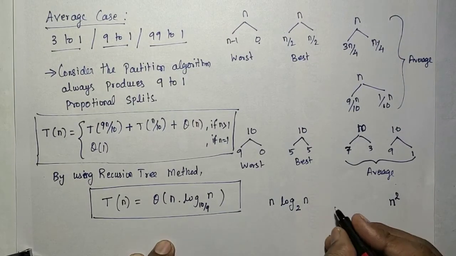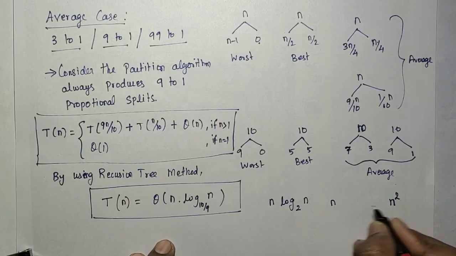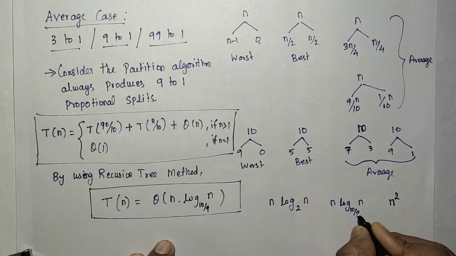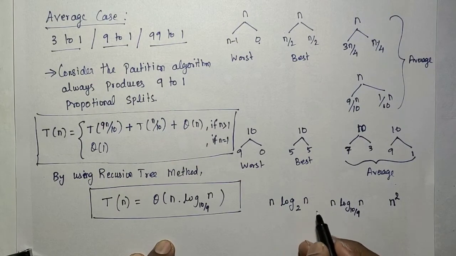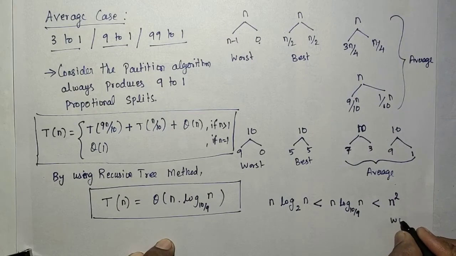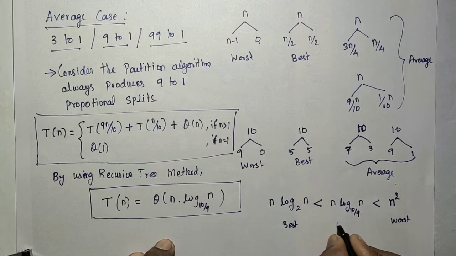Our complexity lies between n log n base 2 and n squared. So n log n base 10 by 9 is less than this and greater than that. So this is the worst, best and average.